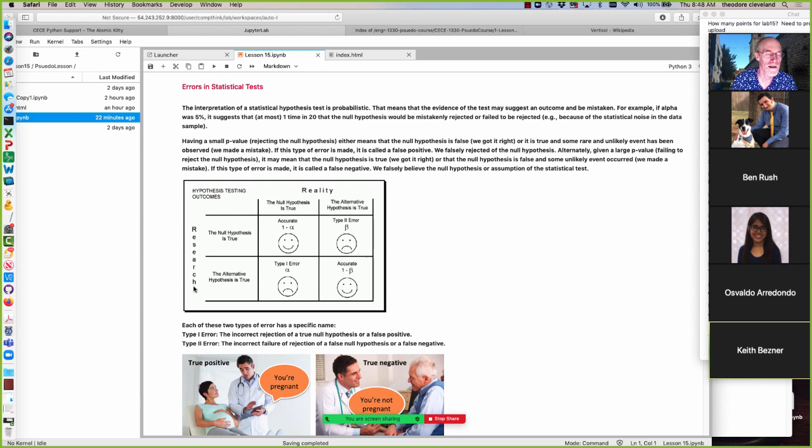Alternatively, our sample can indicate that the null hypothesis is rejected when in fact it shouldn't be, and the probability of that occurring is alpha.